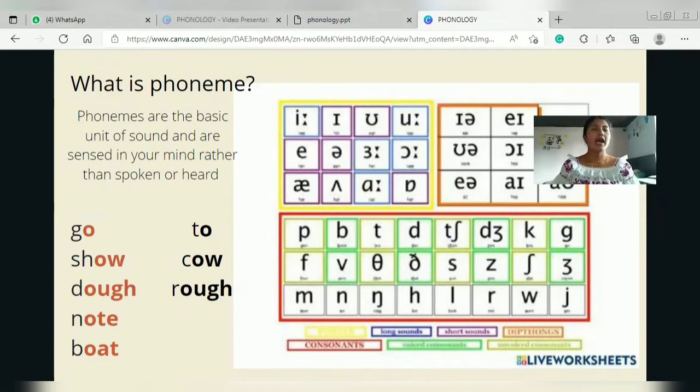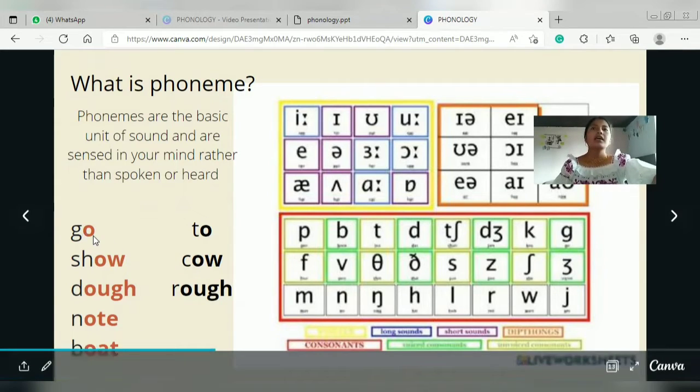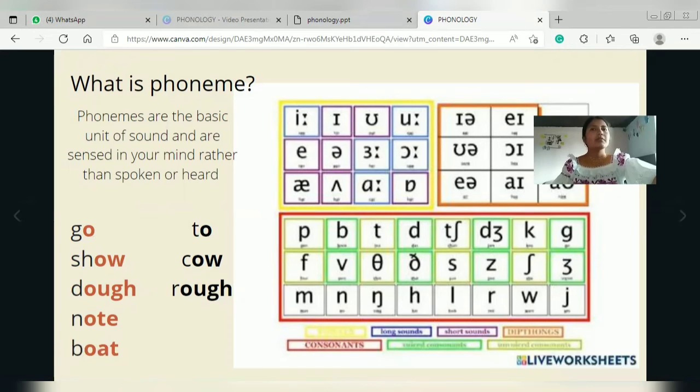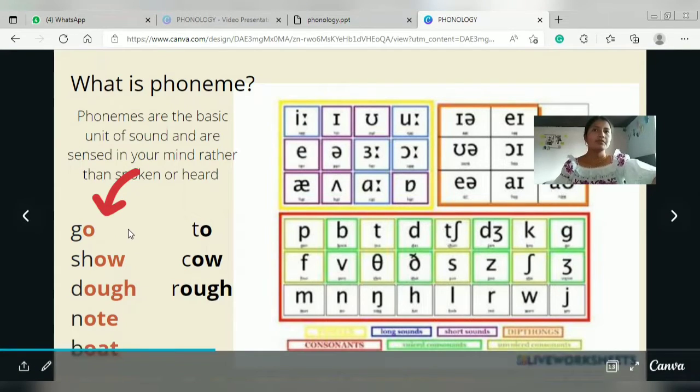Each phoneme that we have there represents a sound within the English language. In English, we can have different spelling patterns, but these can have the same sound. For example, we have some words with the same vowel sound: go, show, do, note, and vote.